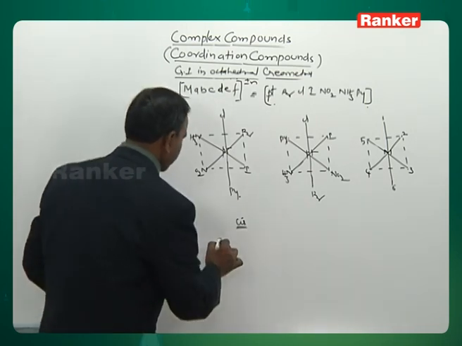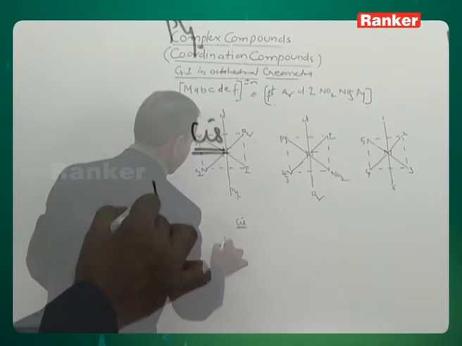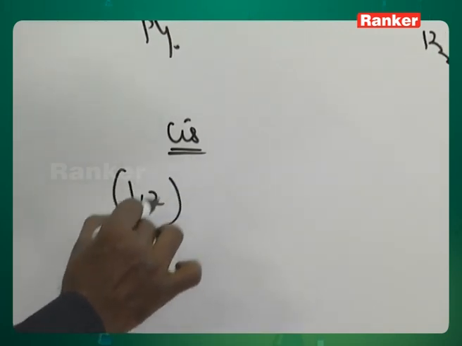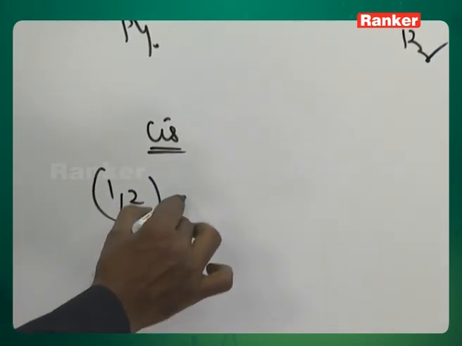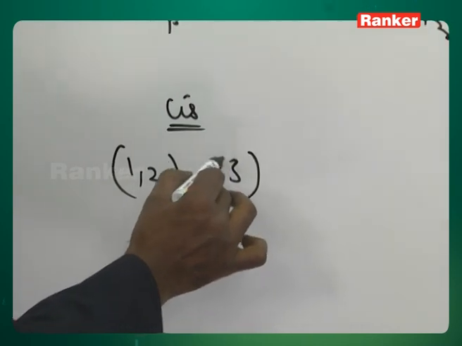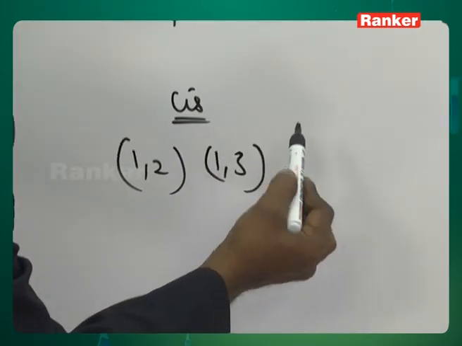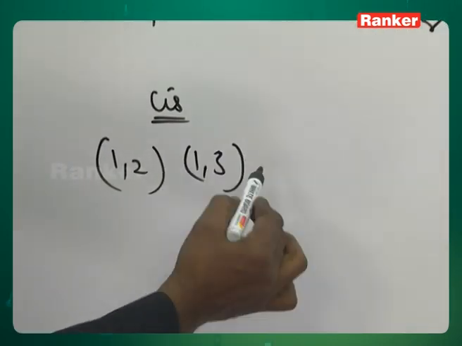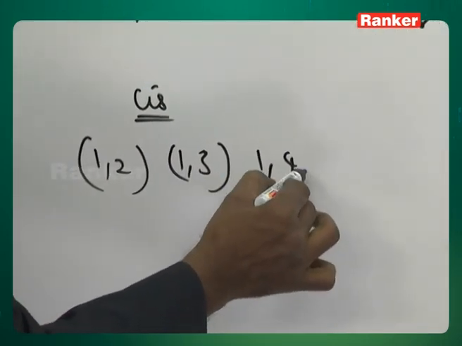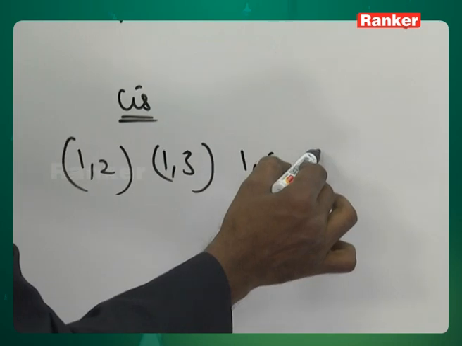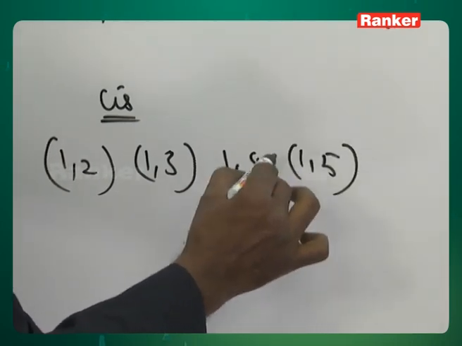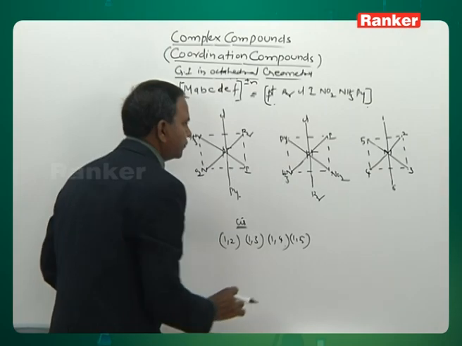Now you can take 1 2 6, 1 3 6, 1 4 6, 1 5 6. Six possibilities we write like this.